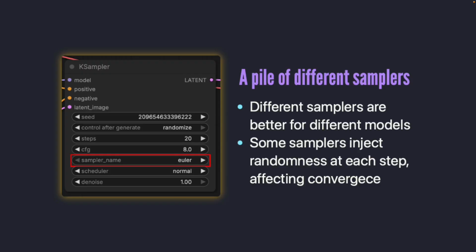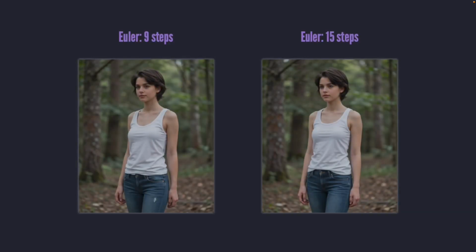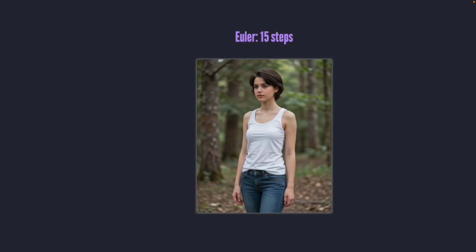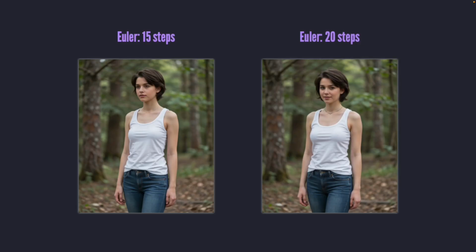So we see right here we have Euler, which is the default, and that's generated with different versions at different steps. So here we see it at 9 steps and 15 steps. Euler is giving us pretty much the exact same image, very slight deviation on the person, background looks exactly the same. If we go to 20 steps, we now see there's a slight bit more difference.